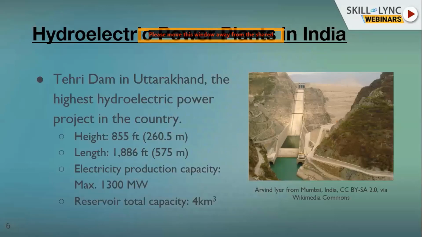First and foremost, the highest hydroelectric power dam is Tehri Dam in Uttarakhand, India, which has a height of about 260 meters, a length of about 575 meters, and a power producing capacity of around 1300 megawatts. It has a total reservoir capacity of 4 cubic kilometers.